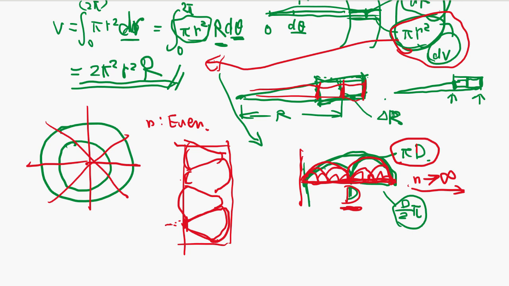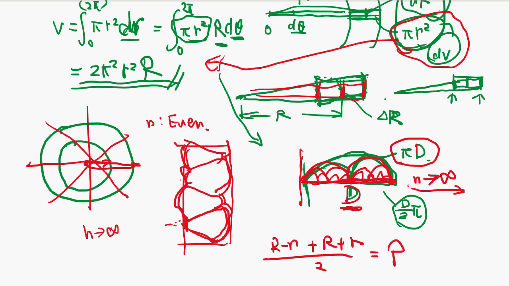What happens? If we take this length, we add up this length, same as this side, which is this length and this length, you add up r minus r plus r plus r divided by 2. So R. Okay, so taking this middle point is very appropriate.